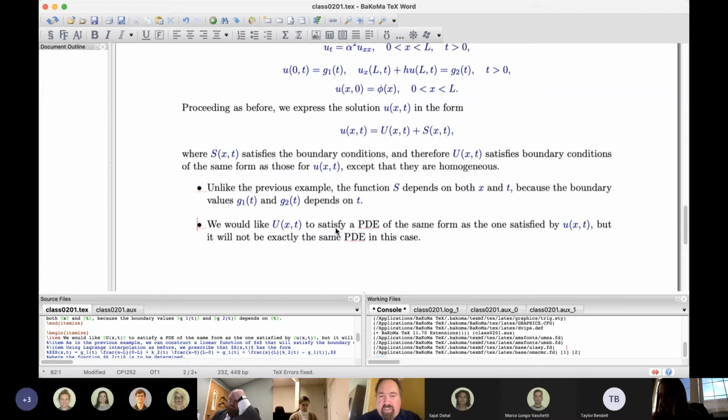So we'd like capital U to satisfy a similar PDE, but it won't be the same PDE because of this time dependence.